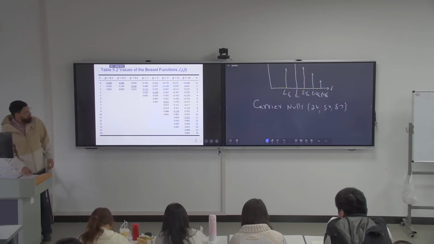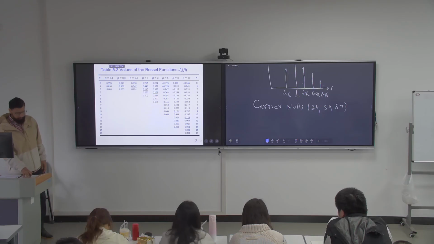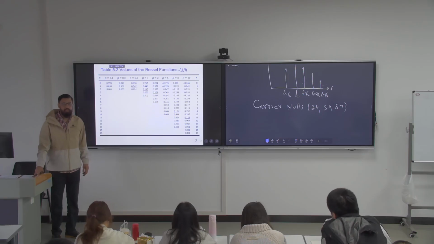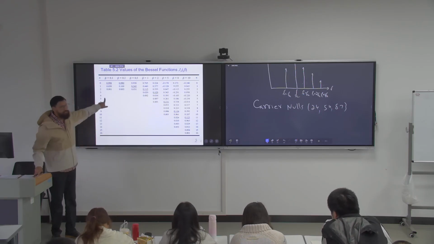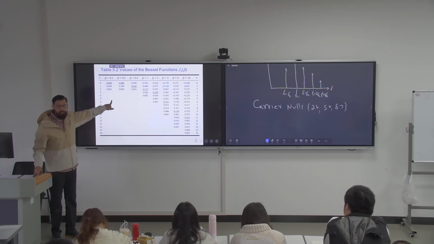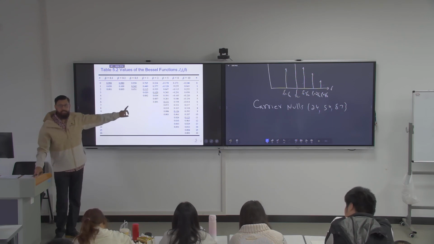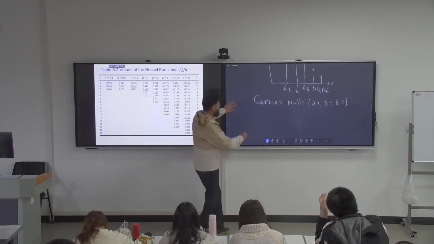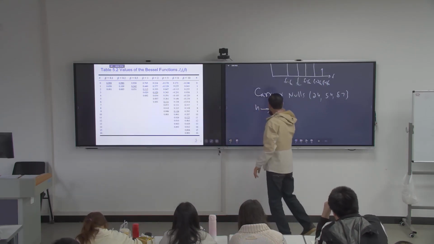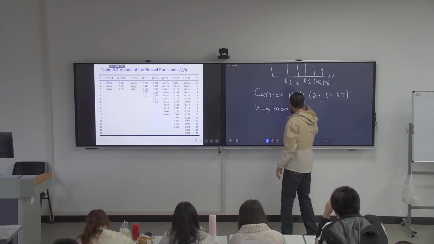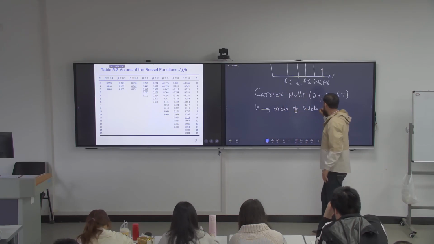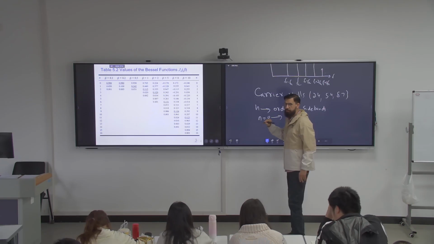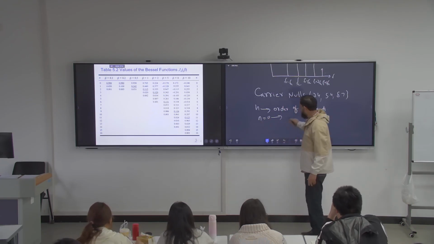Okay, what is n? N is the order of the sideband, right? If n is equal to 0, what am I talking about? The carrier, right? If n is equal to 0, it is the carrier.